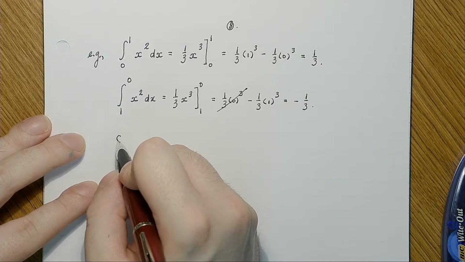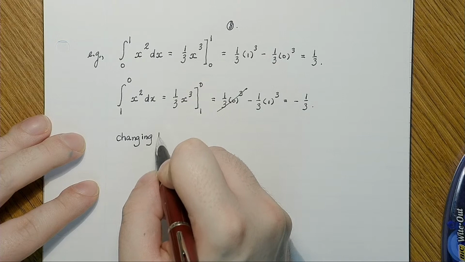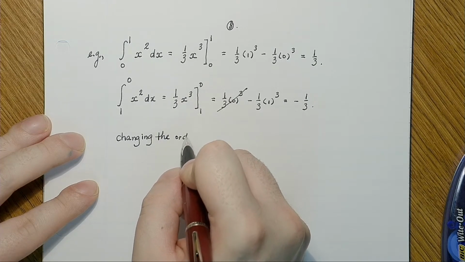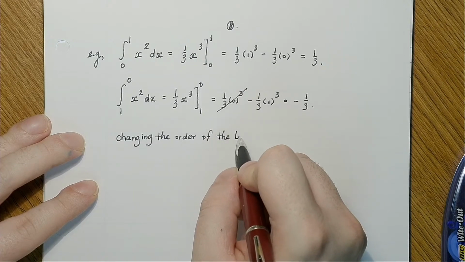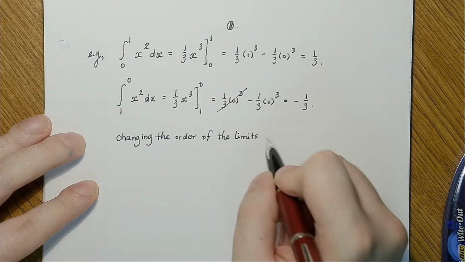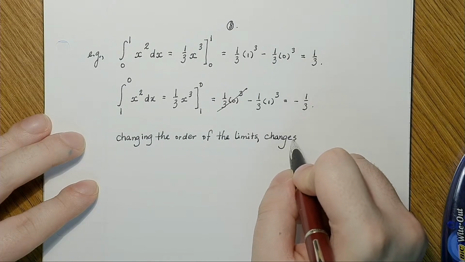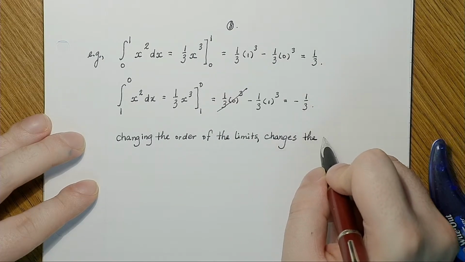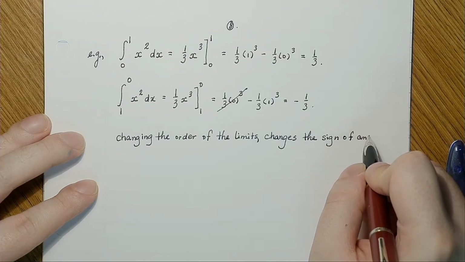So, changing the order of the limits changes the sign of the answer.